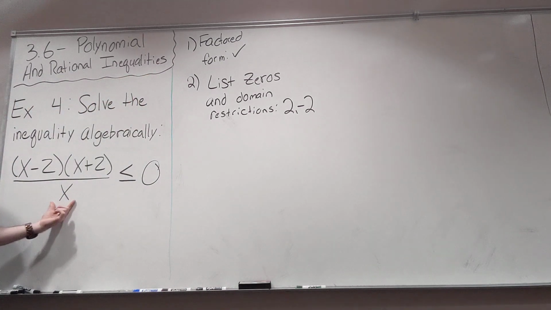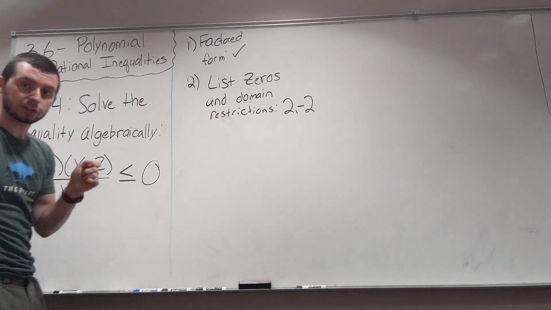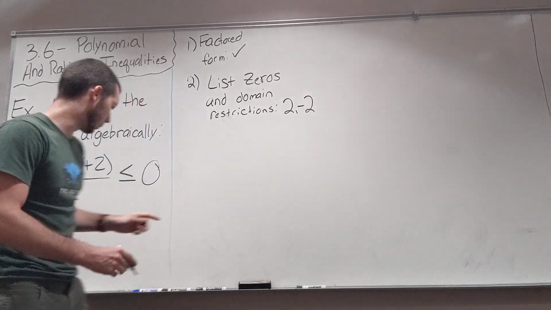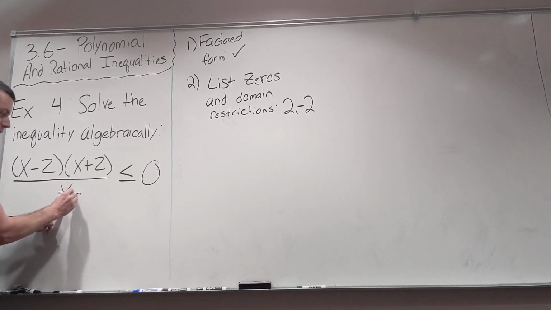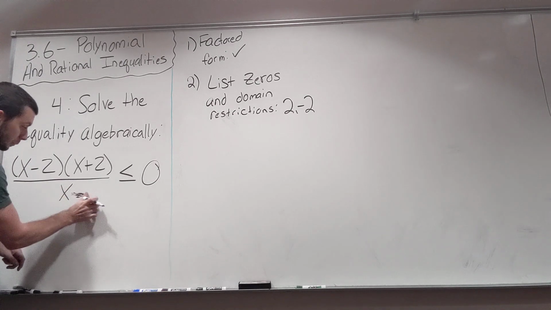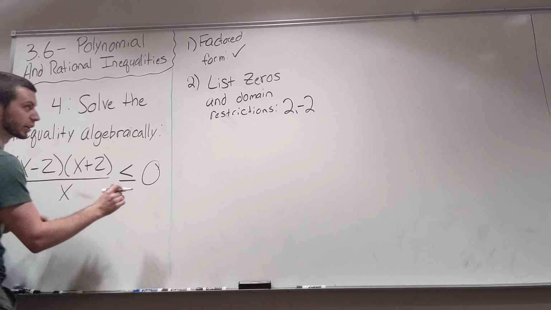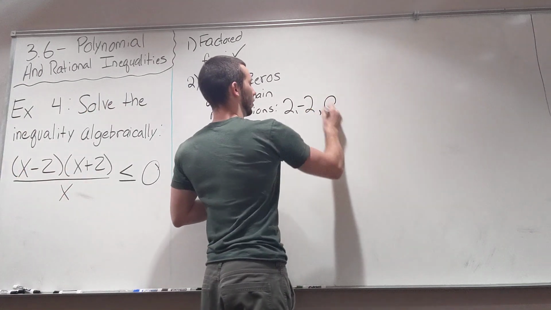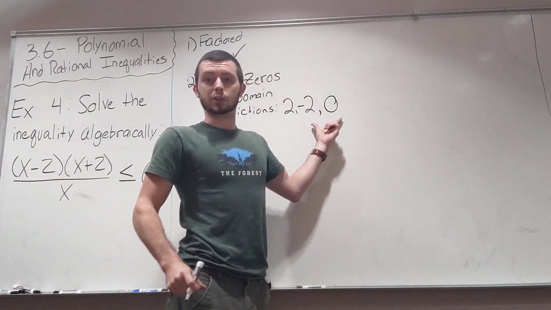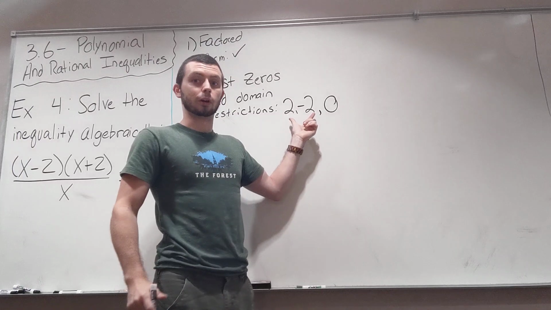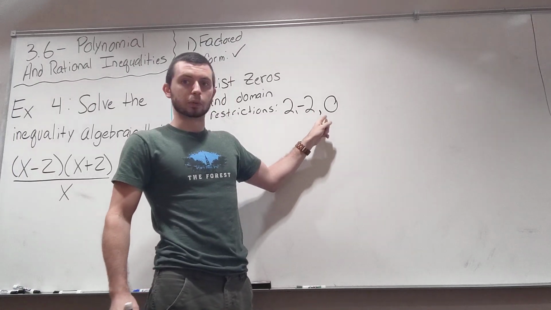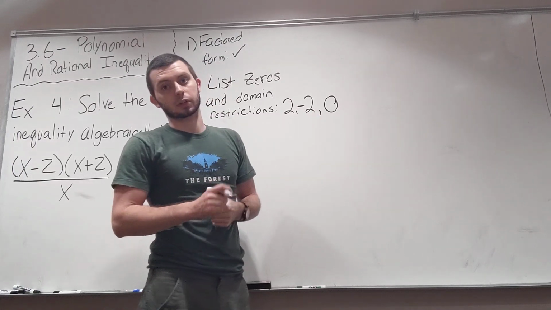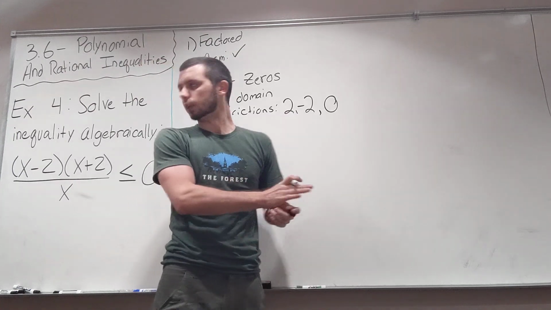So the zero from the denominator, well, we just get x, but x is a factor. You could think about x as x plus 0, so in other words, we get 0. So these are different types of numbers. These two are actual zeros, and 0 itself is a domain restriction. This will come into play a little bit later.